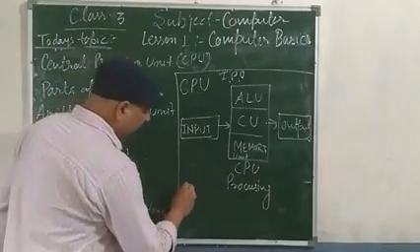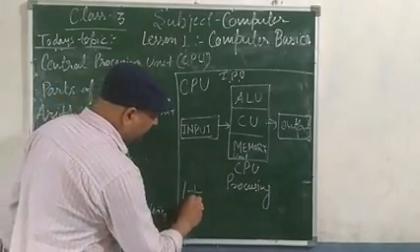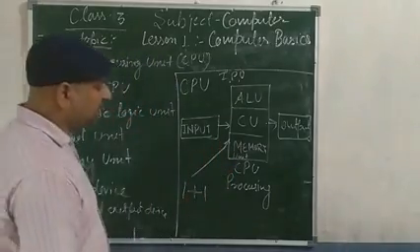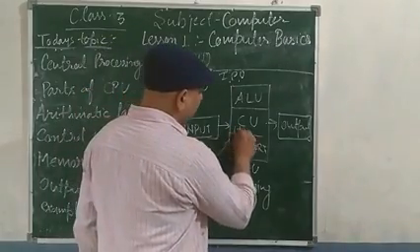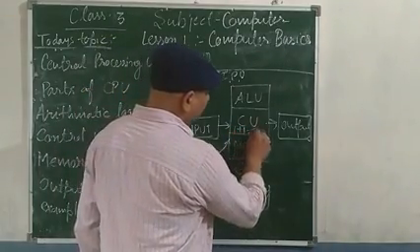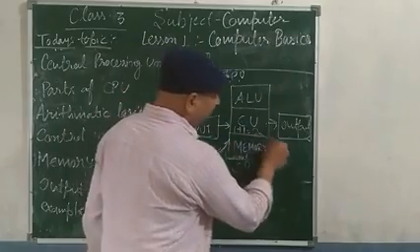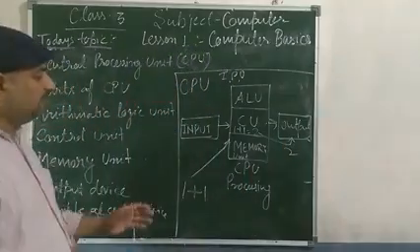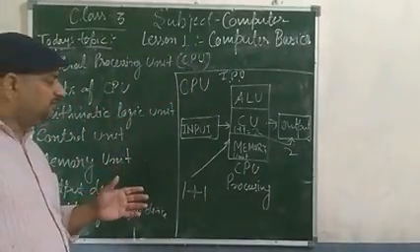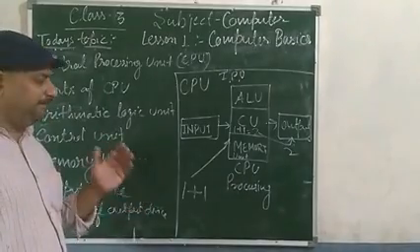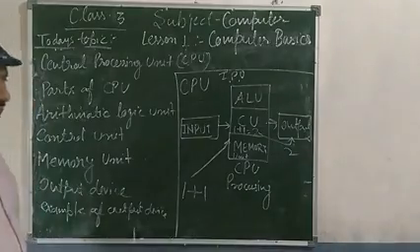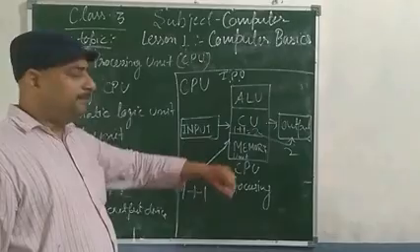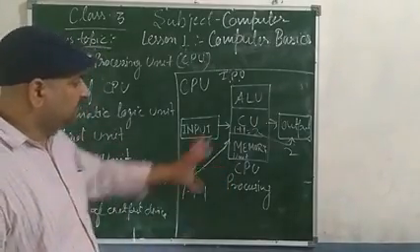Just see, if you put input 1 plus 1, the input goes for processing, it adds, and then after the result is generated, 2 is displayed on the monitor screen. All these functions are done by the processing unit, the CPU. It is also called the heart and brain of the computer.